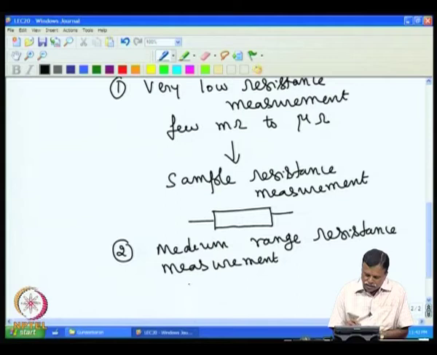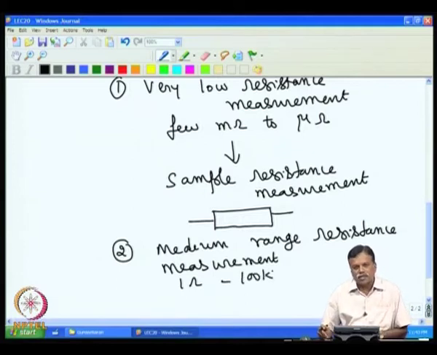This comes in the range, for example, 1 ohm to probably something like 100K, like the potentiometer used in position measurement, platinum thermometer resistance measurement, or thermistors. All these things fall under this category.